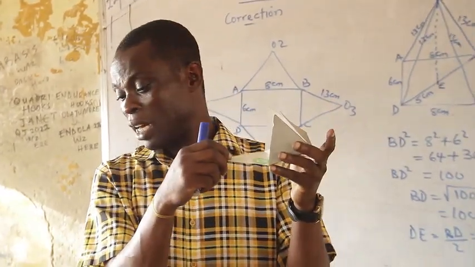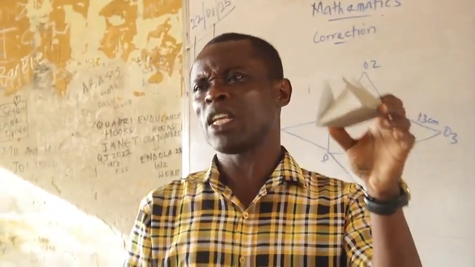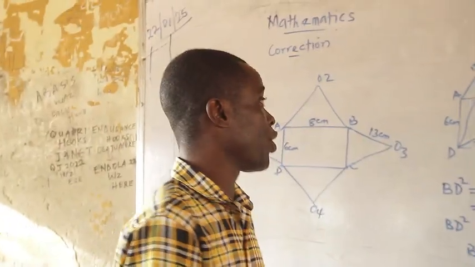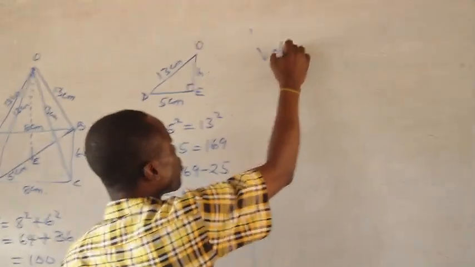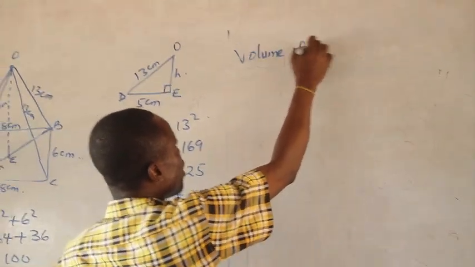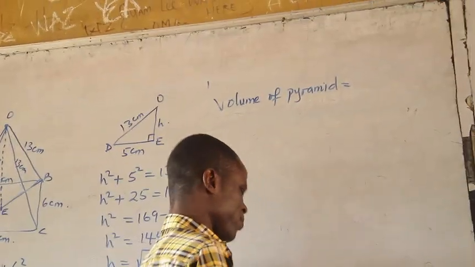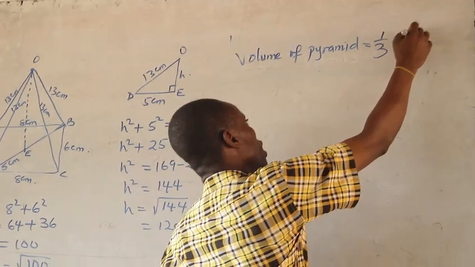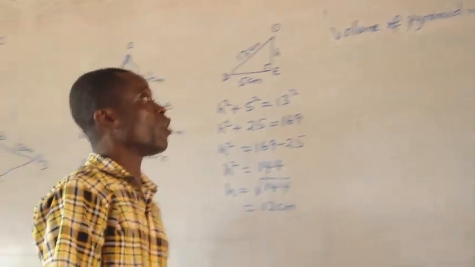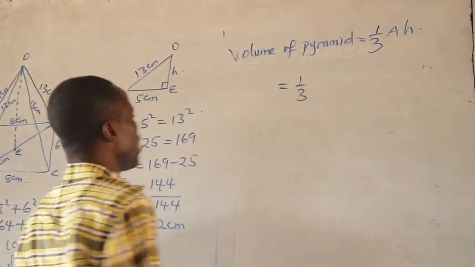Now to find the volume of this, this is the base area because this is a pyramid, and the formula is 1/3 AH. For any pyramid, the volume is always 1/3 AH. Then we have 1/3 times the base area.